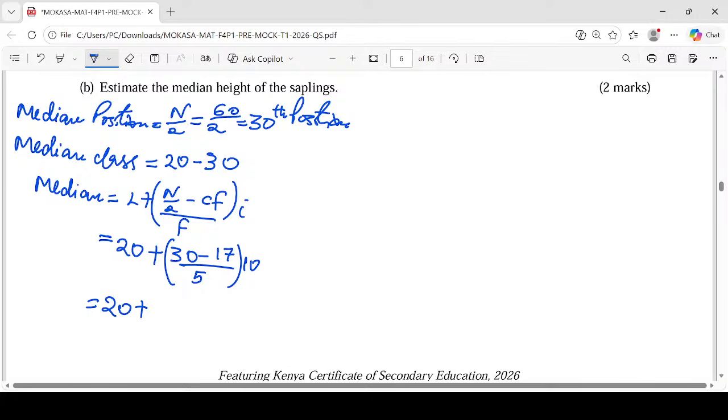That makes it to be 26. So 20 plus 26 gives you a median of 46 for that particular question.